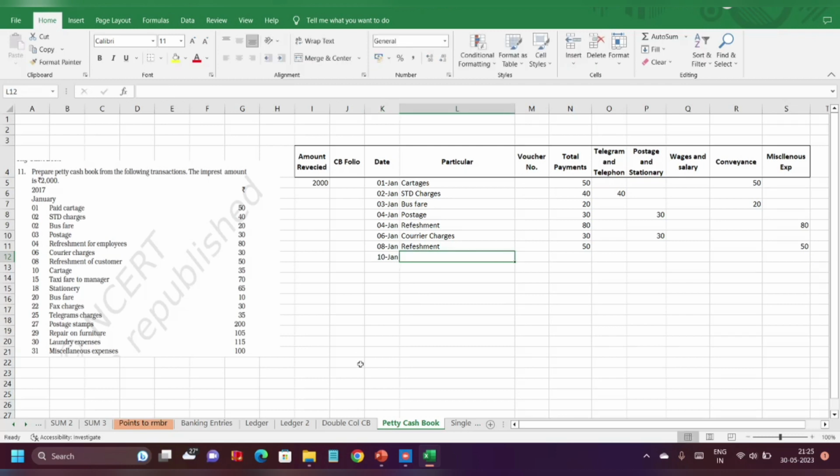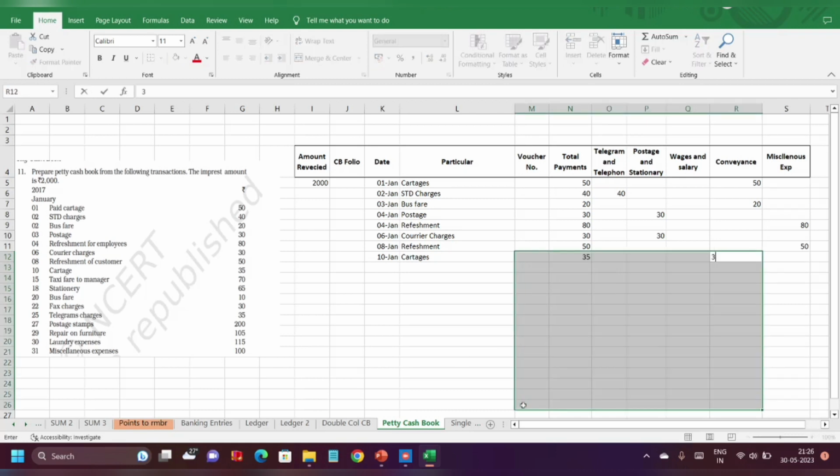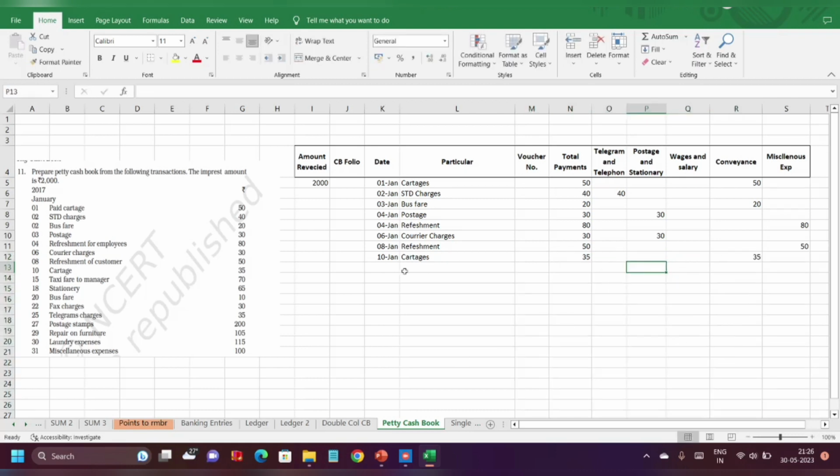10th January, cartage, amount of rupees 35, we will record here. Next, 15th, taxi fare, 70 rupees under convenience because of transportation.